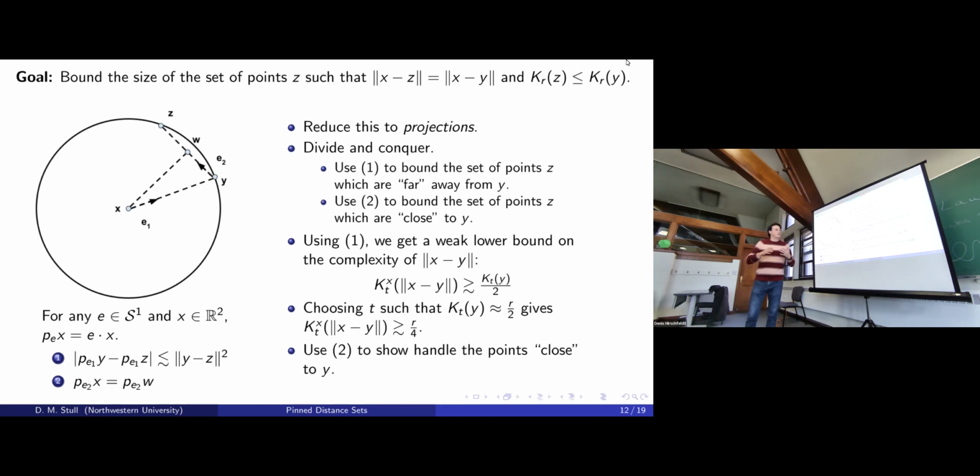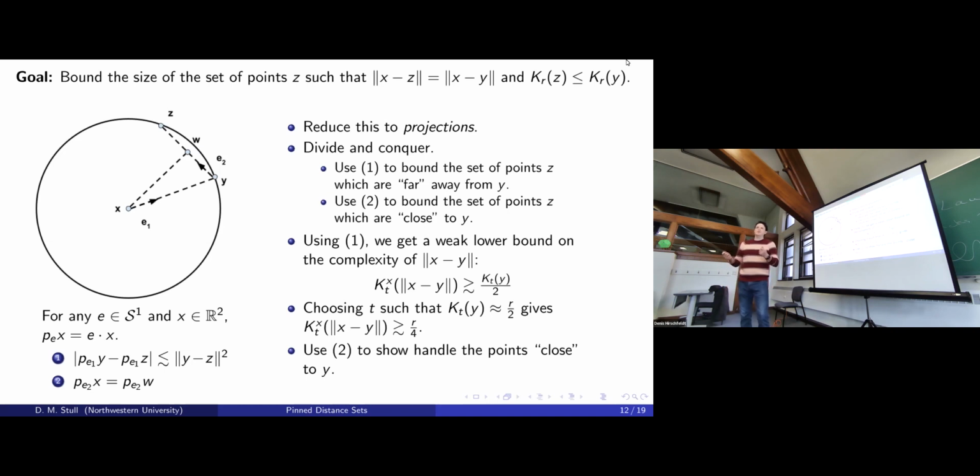Our main goal here is a divide and conquer strategy. We're going to use the first bound to bound the set of points Z which are far away from Y. We're going to use the second equality to bound the set of points which are close to Y. Using one, we get a pretty weak lower bound: the complexity of the distance is at least half of the complexity of y.